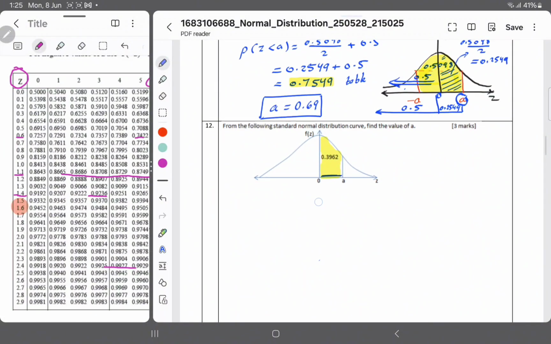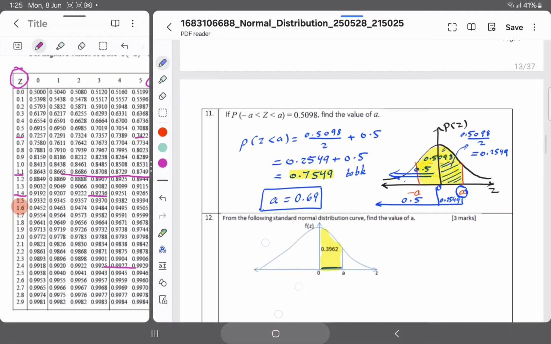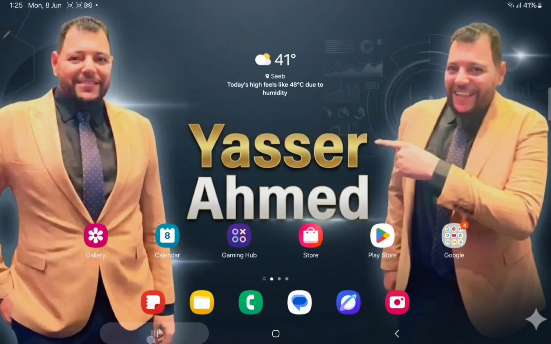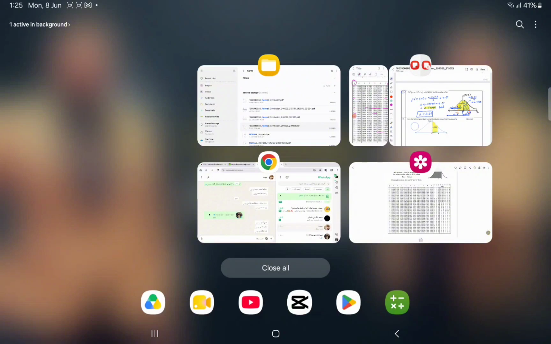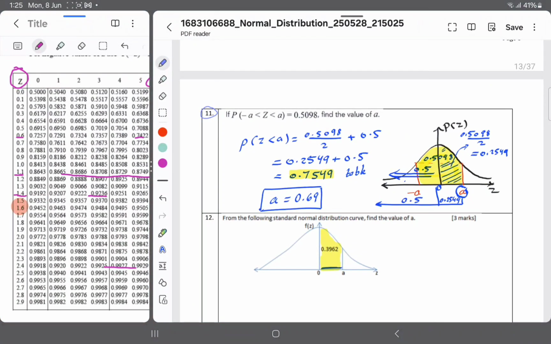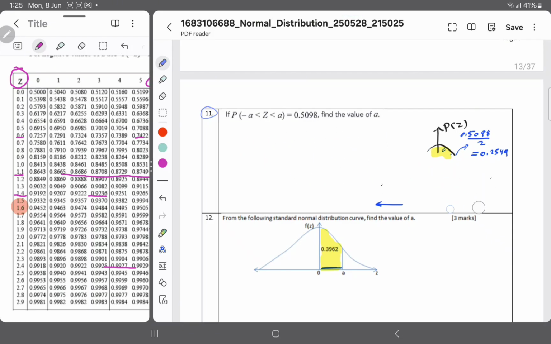Let's go to question number 12. And that question number 11, it's a very good question, and it's also a tricky question. So, to repeat that, it's necessary here to draw the diagram. As you see, the bell curve will be like that.